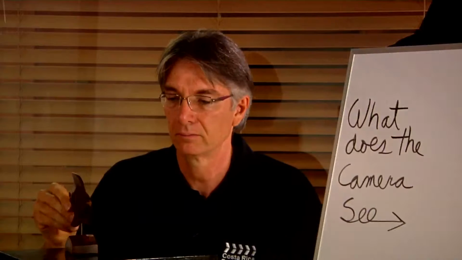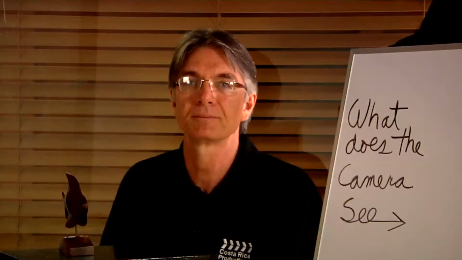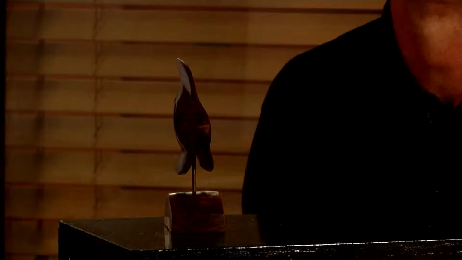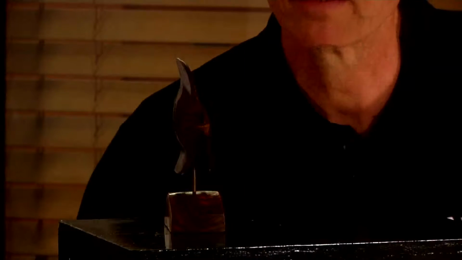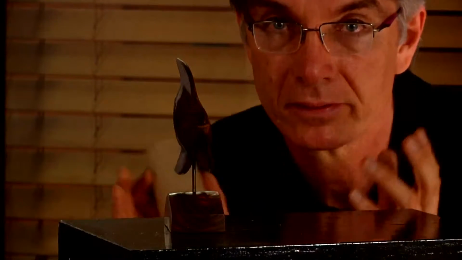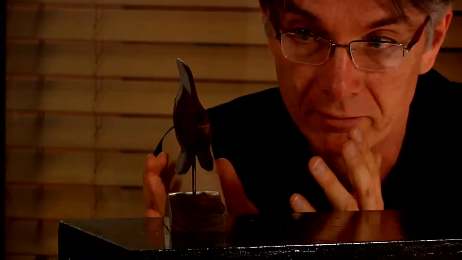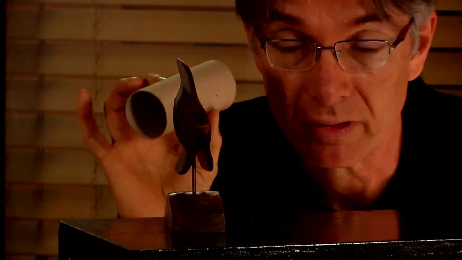So, let's go to the second thing I want to show you today. This little thing here that you're looking at in the front is something you might see in your everyday life. Remember, we're using this.